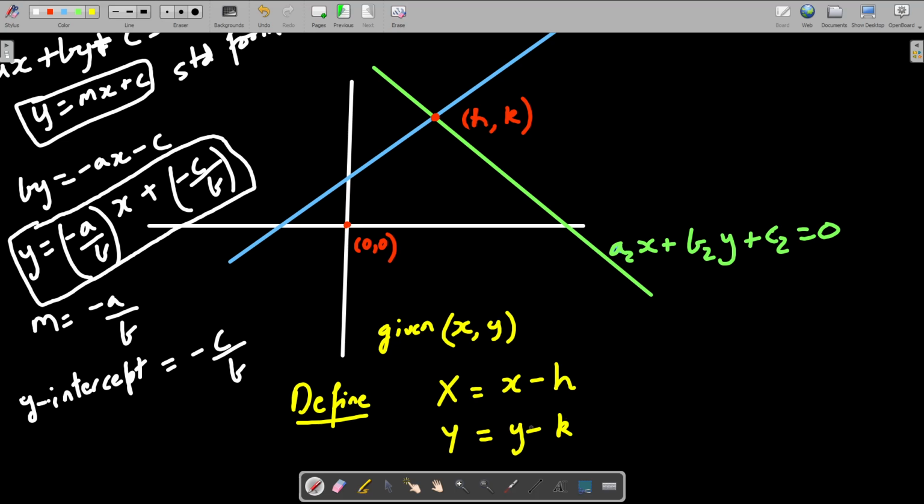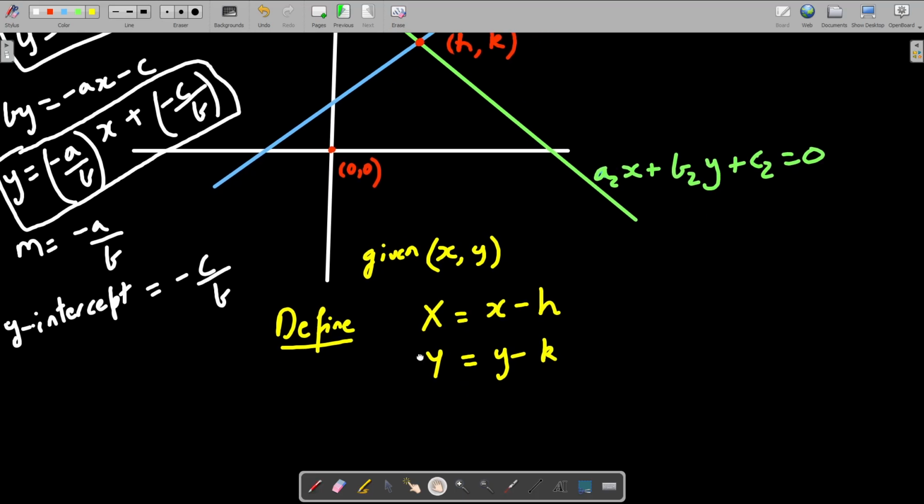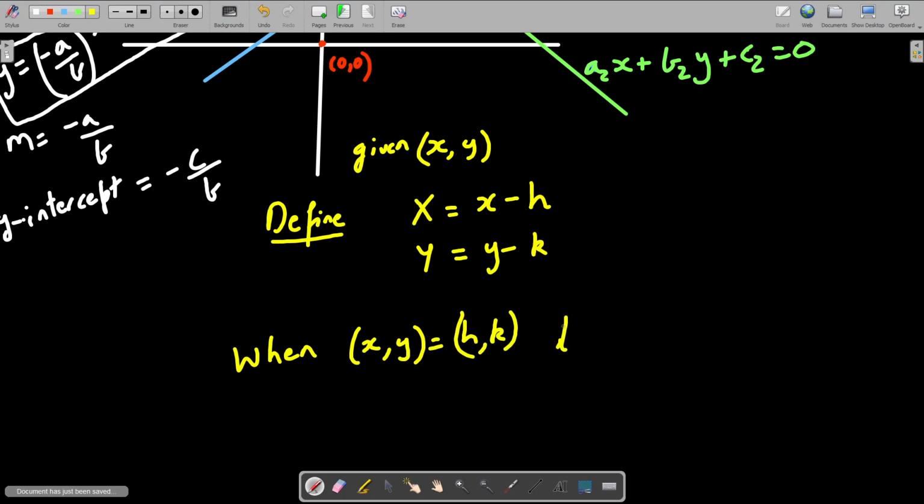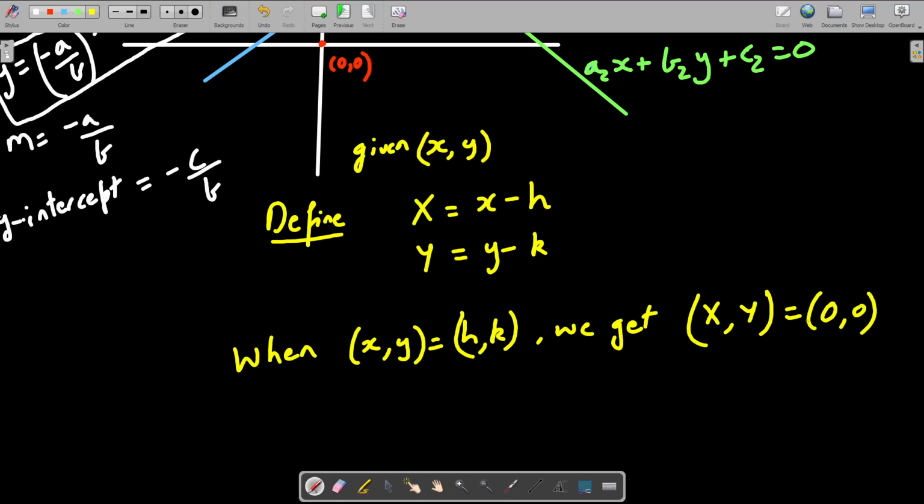So when small x, y is equal to h, k, we get capital X, Y equal to 0, 0. I'm changing the origin of the picture.